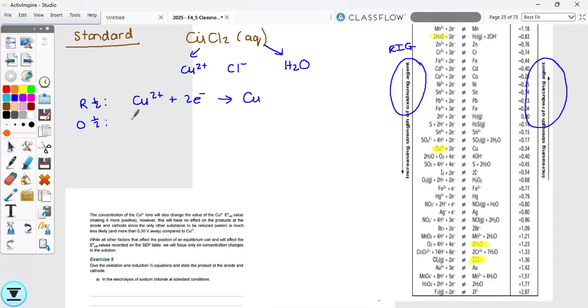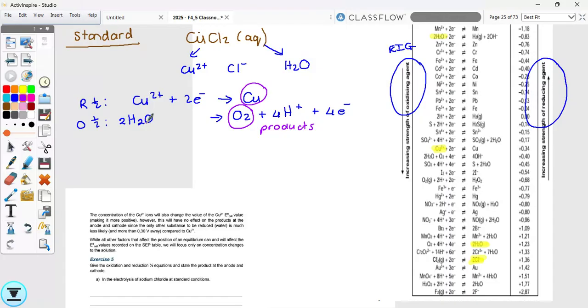So the oxidation half reaction is, very important, 2H2O forms O2 plus 4H+ plus 4 electrons. So those are your half reactions. When you look at your products, they are going to be copper and oxygen gas.